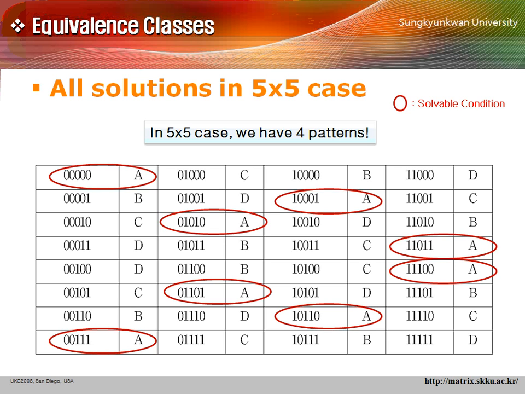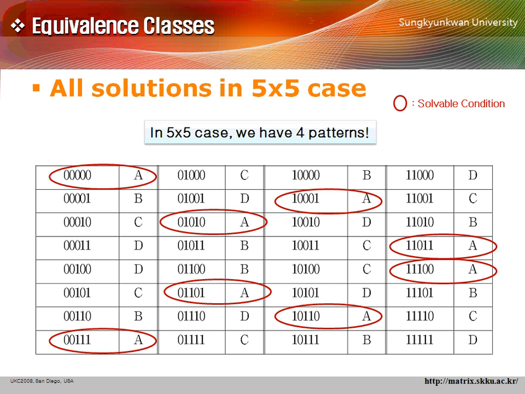So if we make a program, and if we start from the ones that have a solution, then we can always have a solution. So the program can always give us the solution to complete the game.